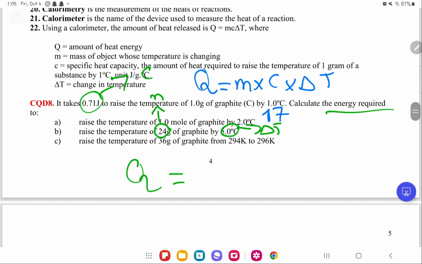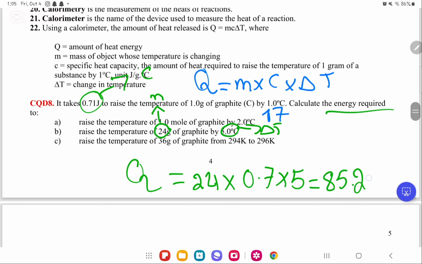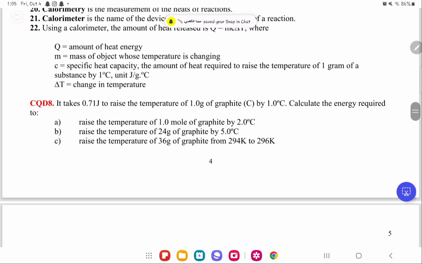This is our delta T. So it's gonna be 24 grams times 0.71 times 5. It's gonna be 85.2, which is approximately 85. So the answer for the second one is 85.